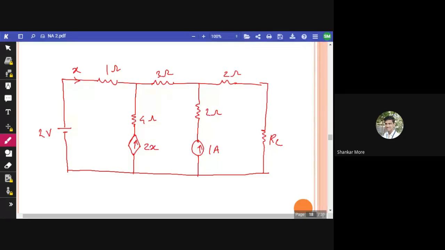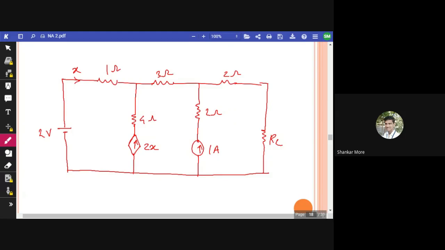Now what you have to do is calculate RTH. So the first step will be to remove the load resistance RL. The second step will be to replace the independent voltage sources or current sources by their internal resistances.